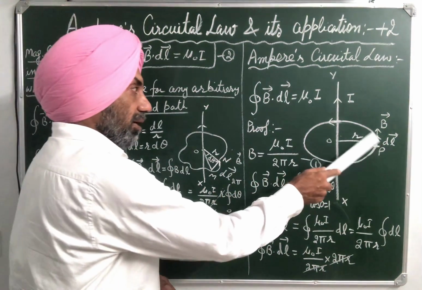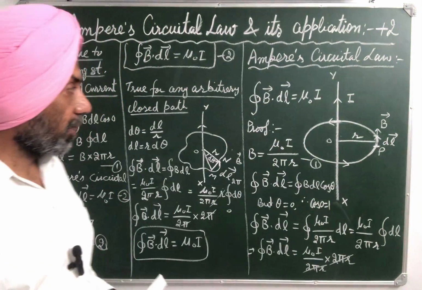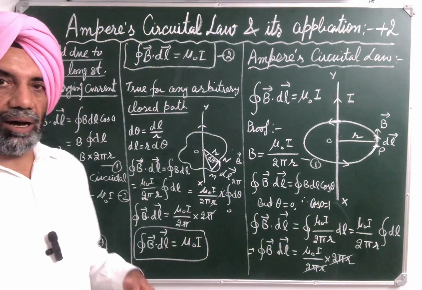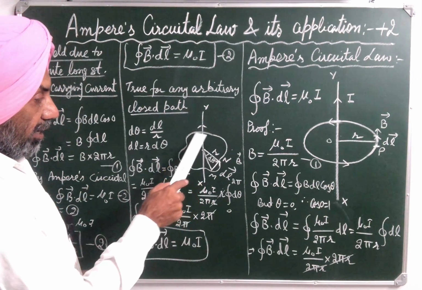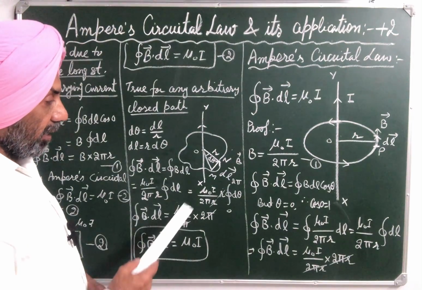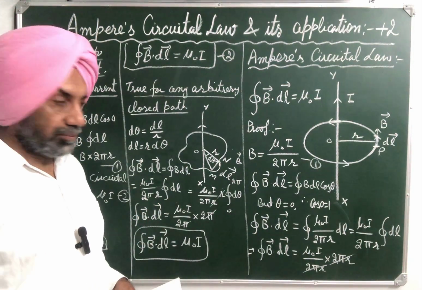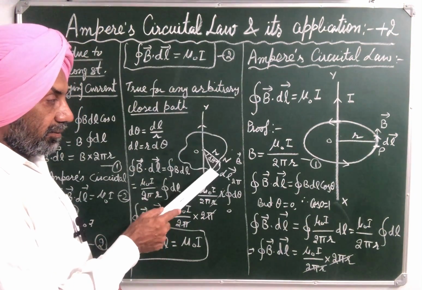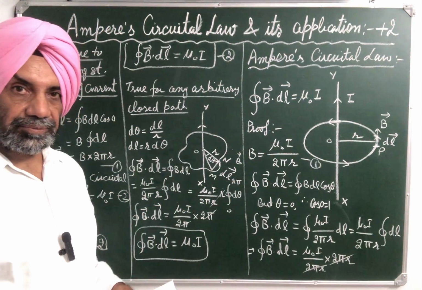Now here we have considered a circular path and a wire carrying current at the center. Now this law is true for any closed path, any arbitrary closed path. Suppose again a wire xy carrying current I and an arbitrary closed path like this. Then suppose Mn is a small segment of this closed path of length dl, making angle d theta at the center at distance r.